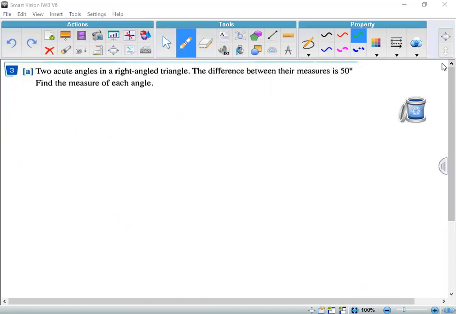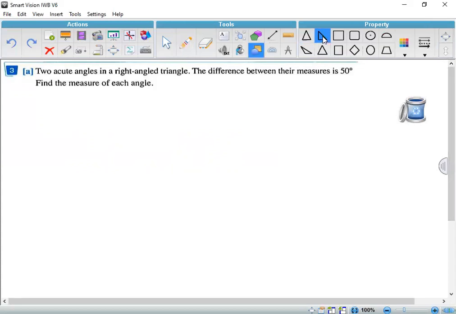Number 3a, two acute angles in a right angle triangle. When you have a right angle triangle, you know that one angle equals 90.